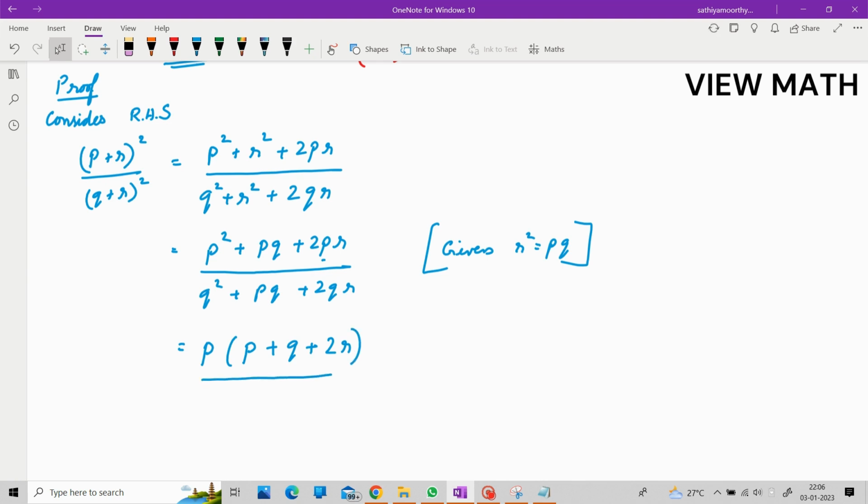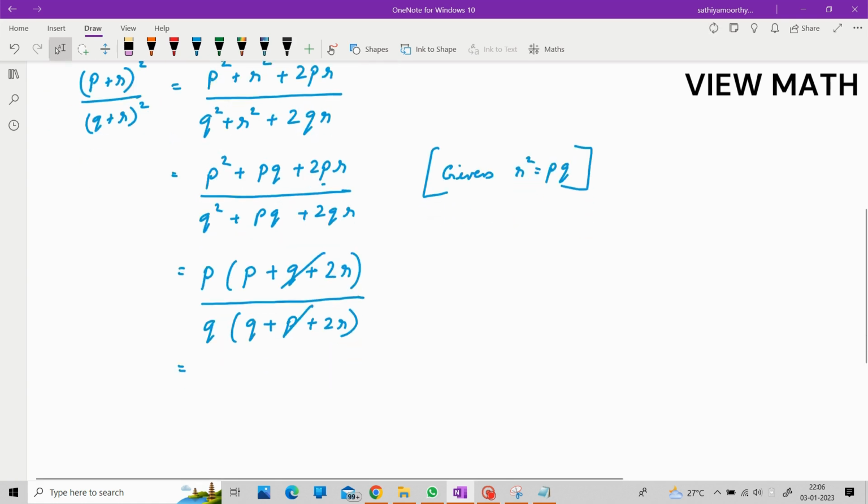Similarly, I can see q is common in the denominator. I am going to take it outside, q into q plus p plus 2r. Now I can see in the numerator and denominator p plus q plus 2r is the common term, so I am going to cancel this term. So I am left over with p by q.